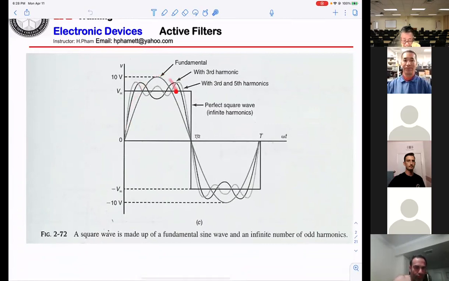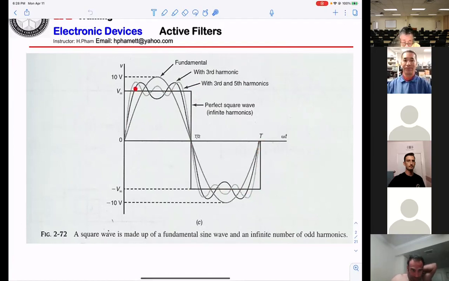This is the sine wave. And the sine wave has a fundamental. And then it can have odd harmonics or even harmonics. Okay? However, they just showed you this is a square wave.